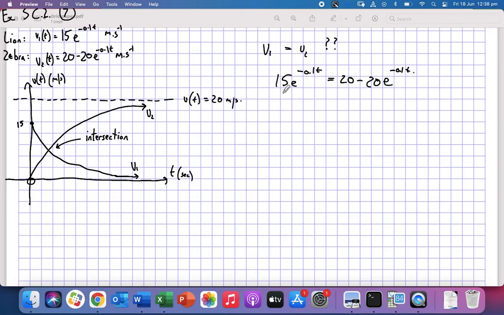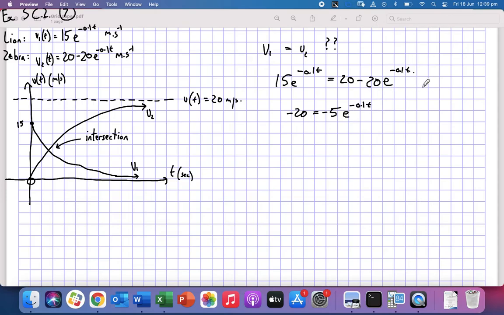Let's put all our t's on one side. Let's put them on that side. Yeah. Do this. Minus 20 equals 5. What am I doing? It's got to be minus 5. Minus 5 e to the minus 0.1t.